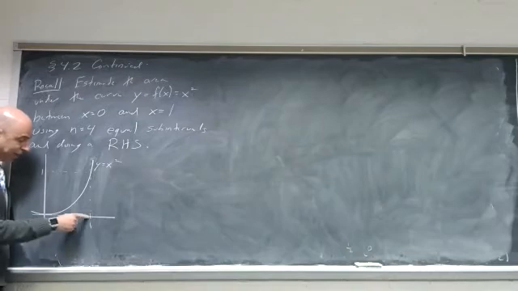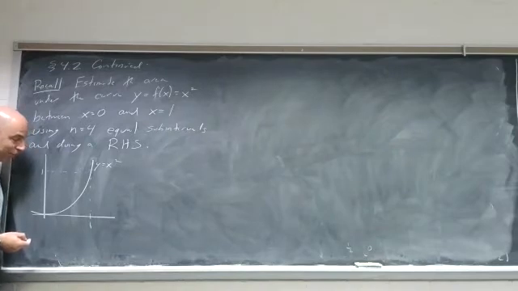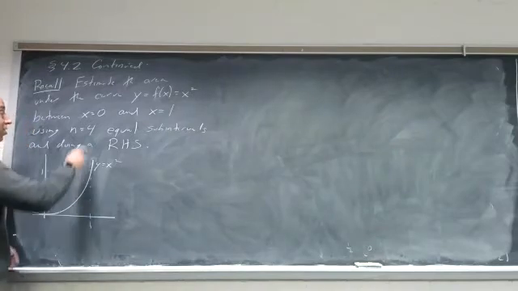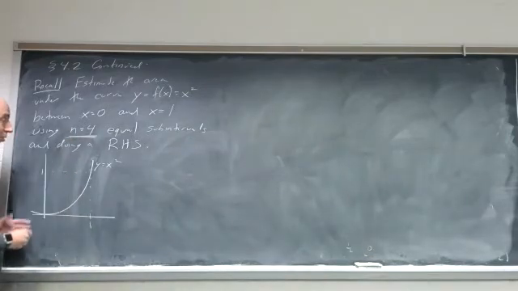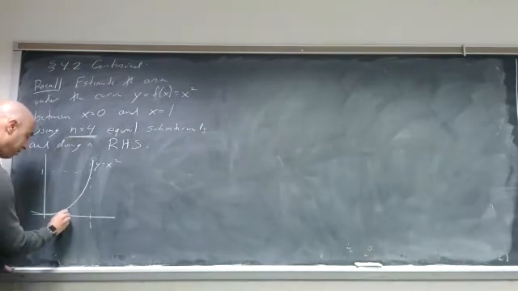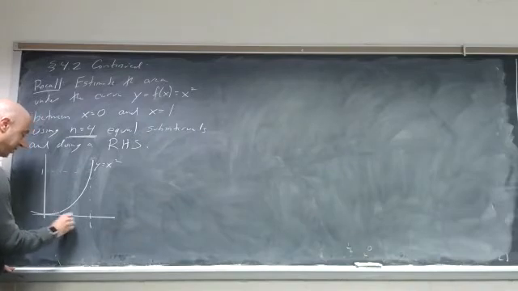From x equals 0 to x equals 1, we want the area underneath this curve. We weren't able to find it exactly, but we were able to approximate it. We broke the interval 0, 1 up into 4 equal parts, so we have a dividing line at 1/2, which breaks it into 2 equal parts, and then 1/4 and 3/4.